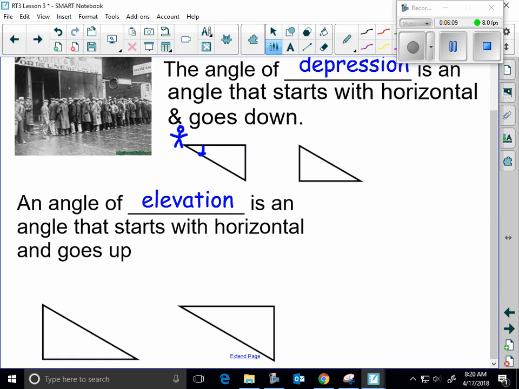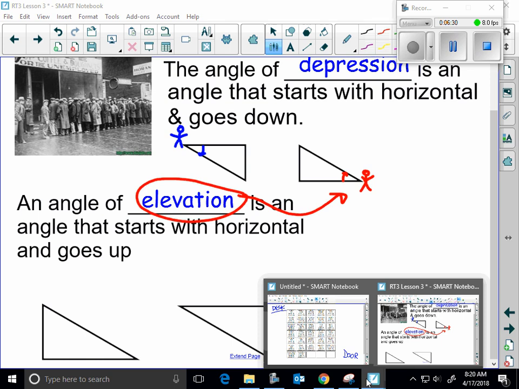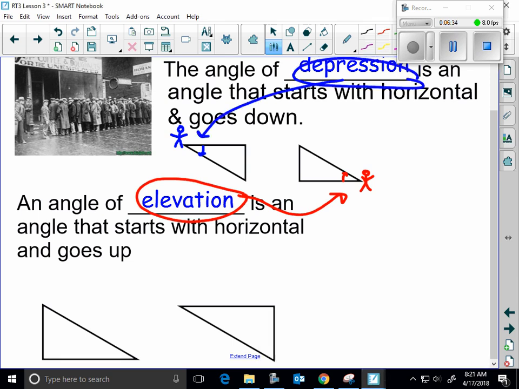An angle of elevation would be typically an individual looking upward. They're feeling their spirits are up. Their spirits are high. So they're looking upward. This is an angle of elevation. Right here. This is an angle of depression.